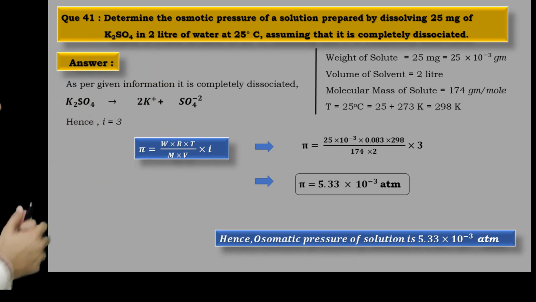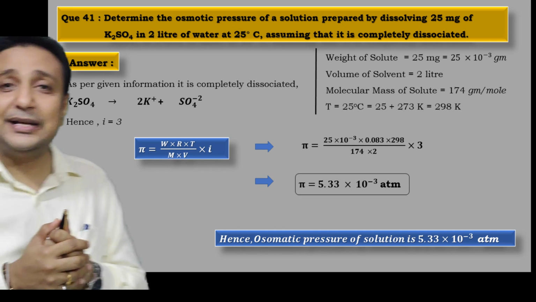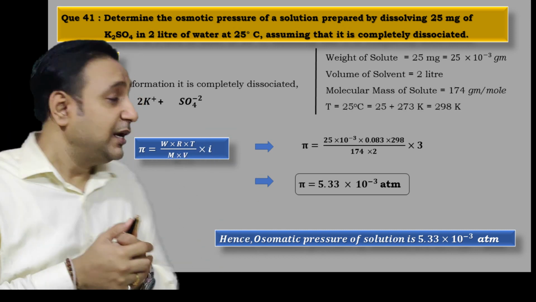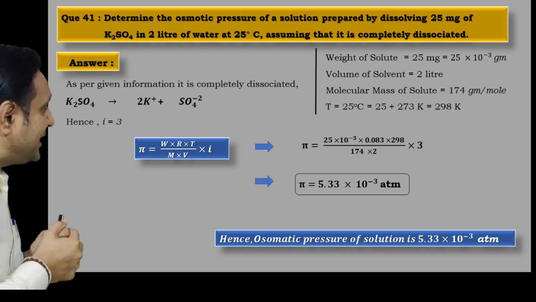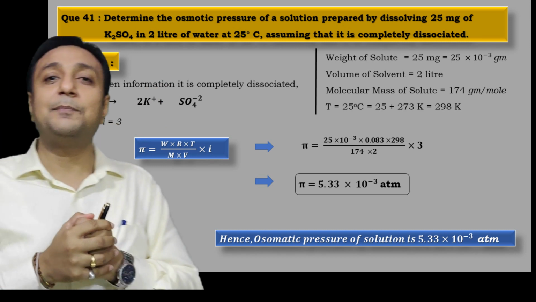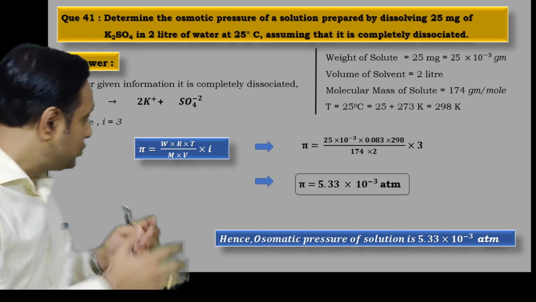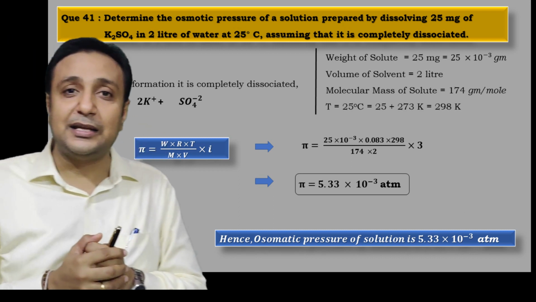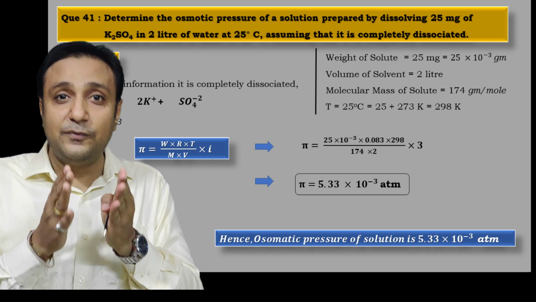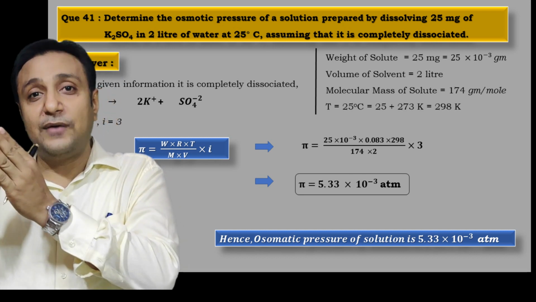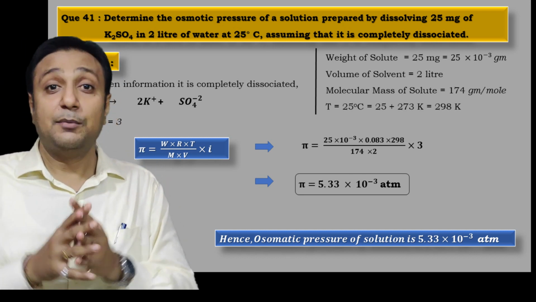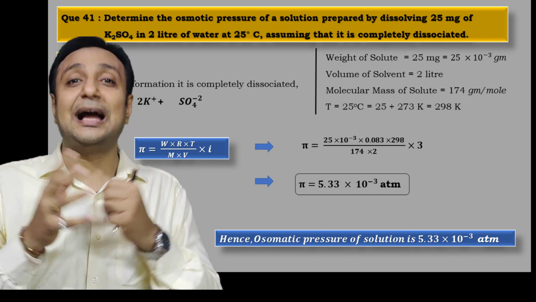In this numerical, they have given that K2SO4 is completely ionized. On ionization, it will produce 2K plus and 1 SO4 minus 2. So the total number of ions will be 3. So its value will be 3 for Van't Hoff factor i, because it produces 3 ions.